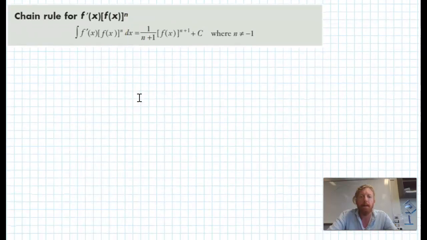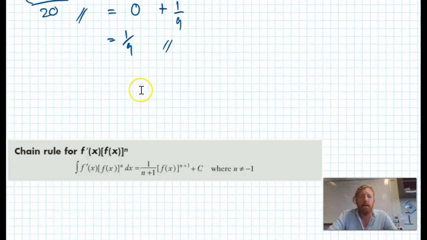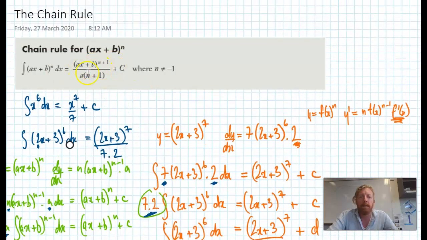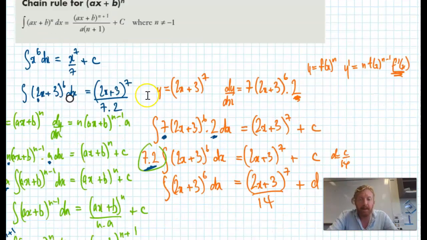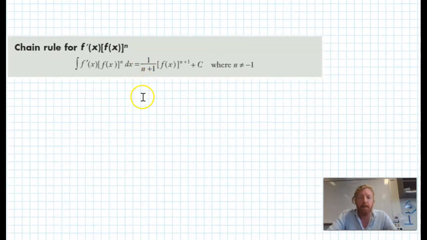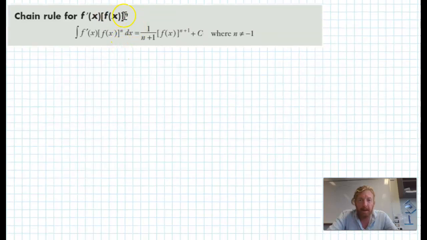Now, I said before that this is a kind of simplified version of something that will come. It's very useful to remember this. You'll often get a linear function in here, but what we're going to talk about now is any function. See, they've got f of x here.